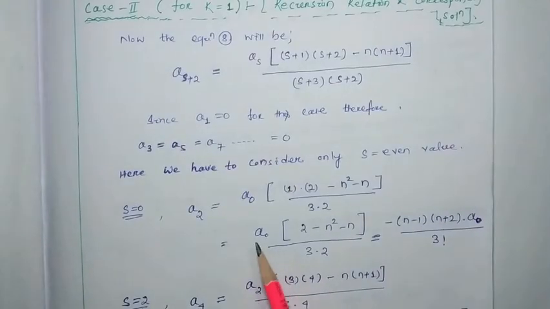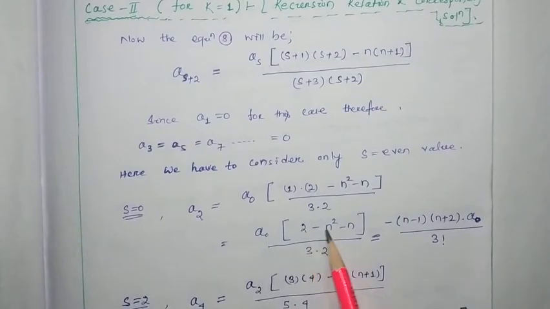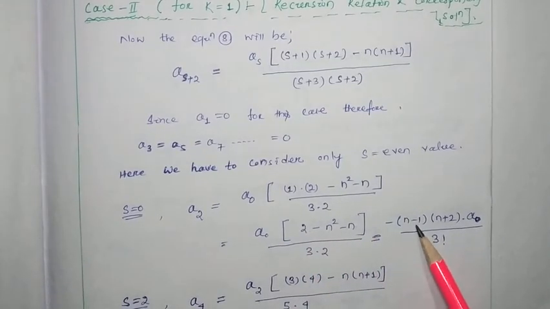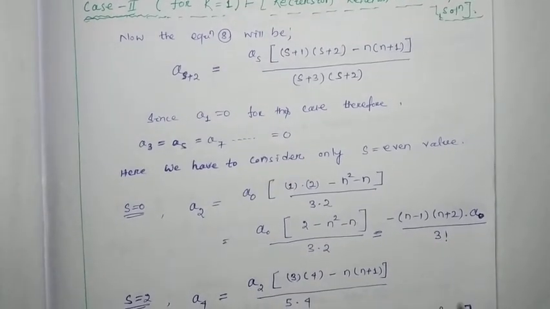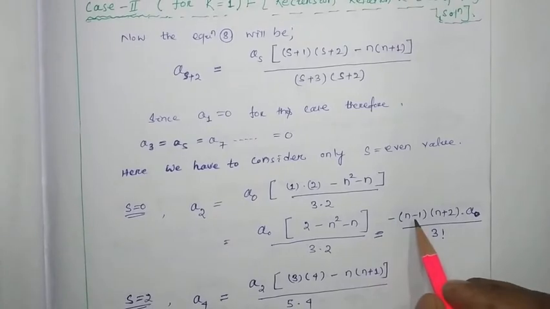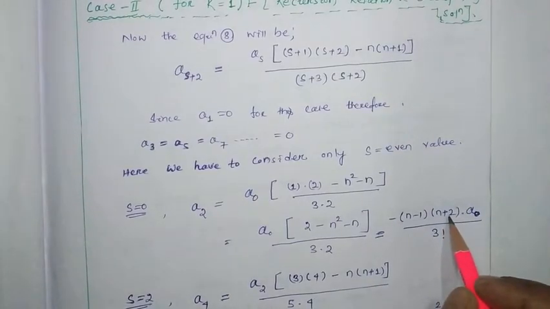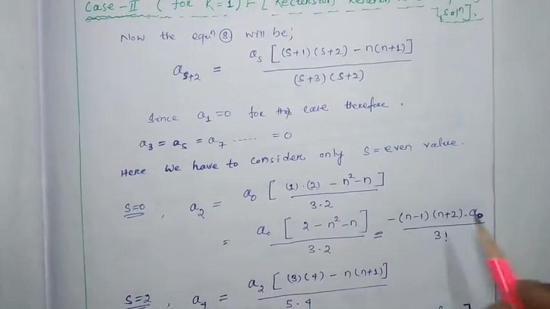So you can find a0 into 2 minus n square minus n. This will be minus n minus 1 into n plus 2. This can be found easily.